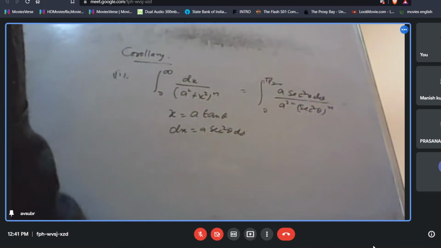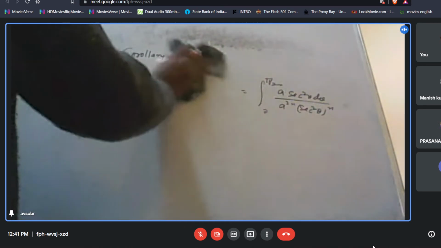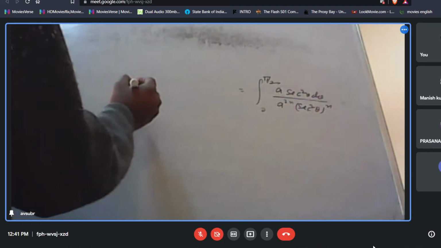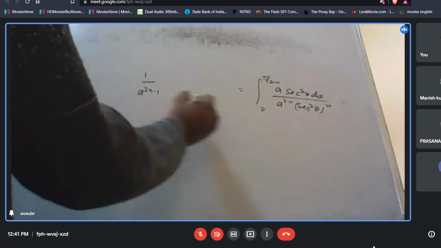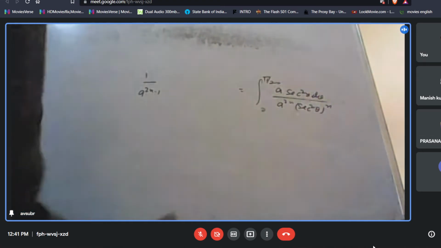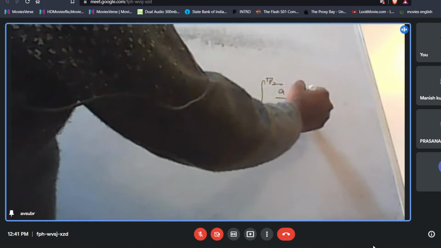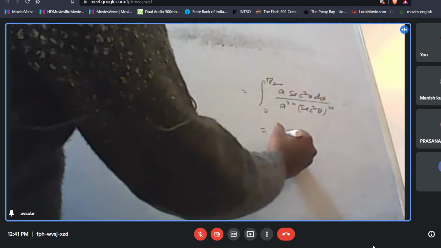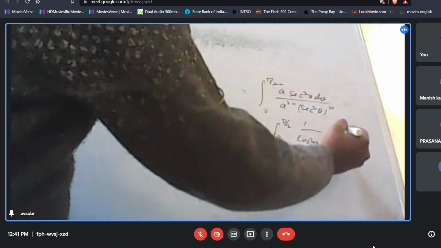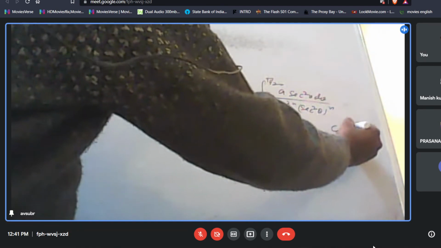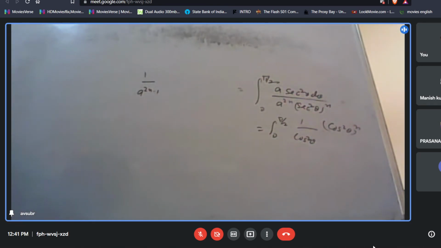So I can write it as 1 by a to the power 2n minus 1, and 1 by cos square theta divided by sec square theta to the power n, which is cos square theta to the power n. Can I write like this?